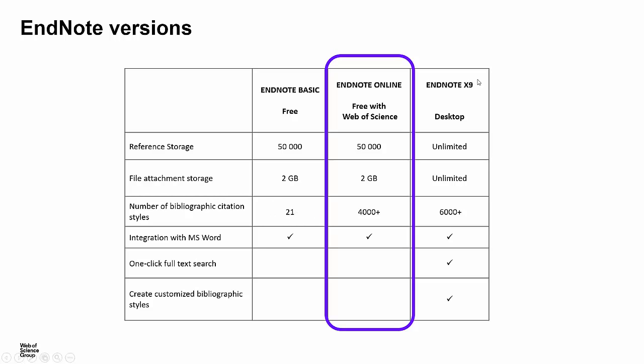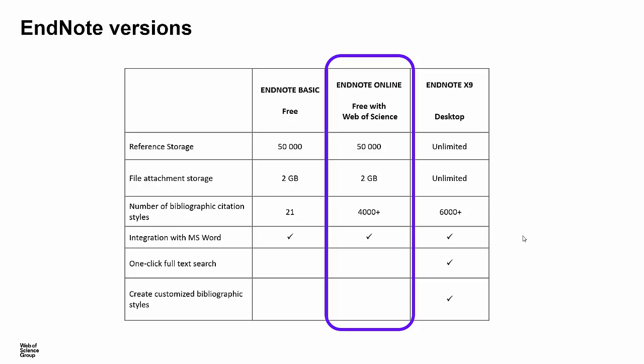You also have EndNote X9, that's a desktop version with lots of extra functions. They are not limited to what you have on screen. There are many more, and you can also opt for EndNote X9, but you need some subscription to it.